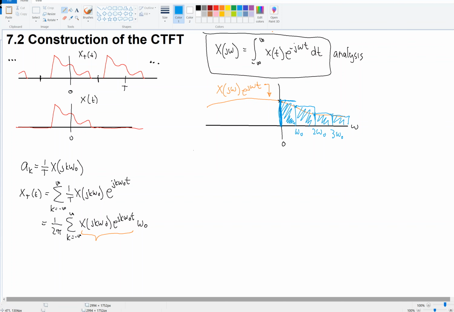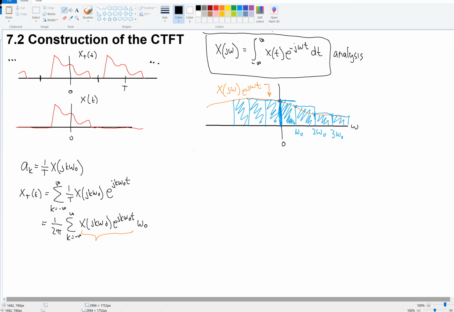And since k goes from minus infinity to infinity, we also have all of these areas as well, right? Okay, so what we're saying here is that this sum is calculating the sum of all of these rectangles, or the areas of all these rectangles.